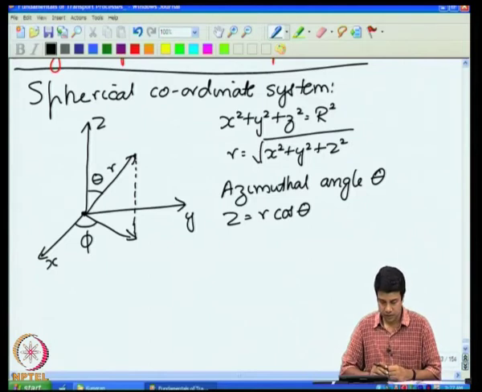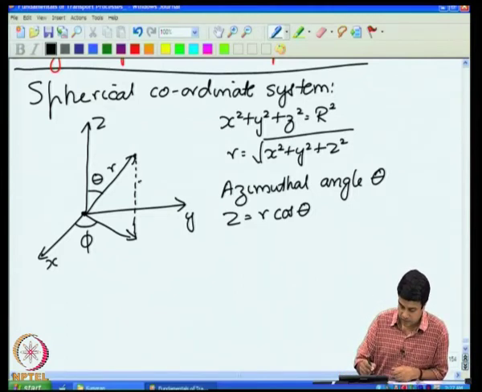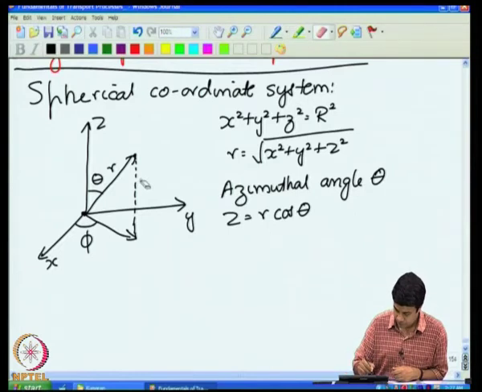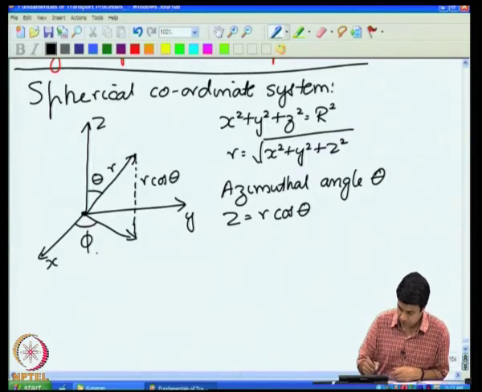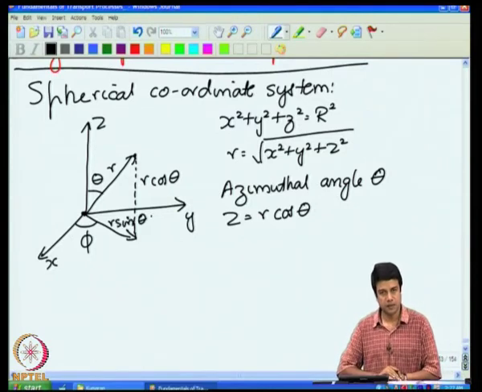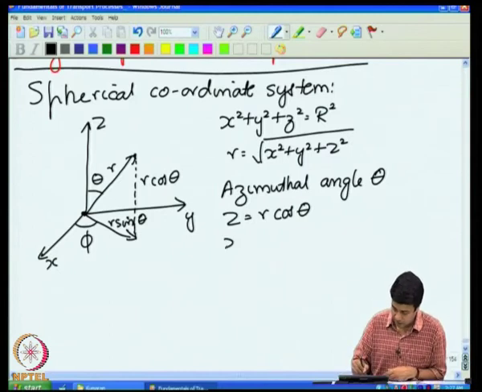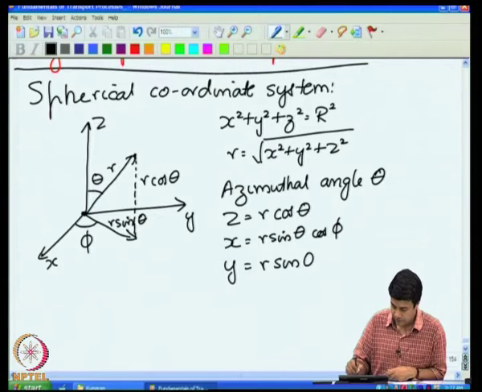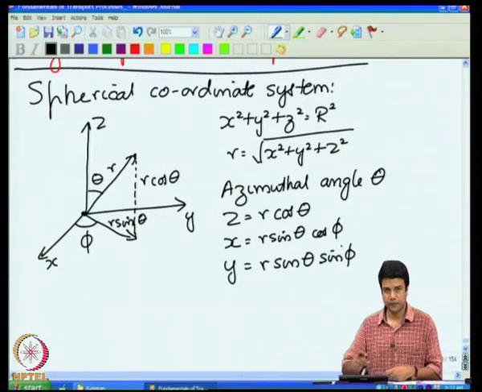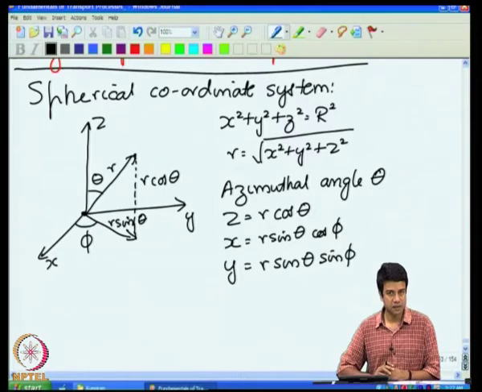Because the angle that r makes with the z axis is theta, z is equal to r cos theta, and the projection onto the xy plane is r sin theta, which means that x is equal to r sin theta cos phi and y is equal to r sin theta sin phi. So, that gives me the relationship between the coordinates in a Cartesian and a spherical coordinate system.